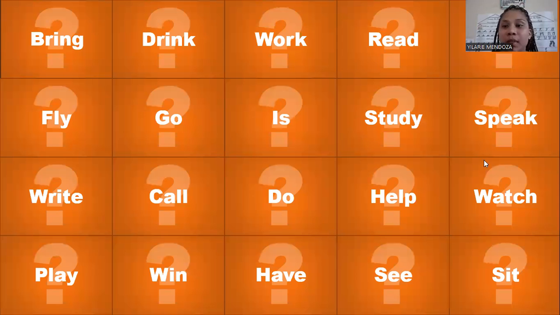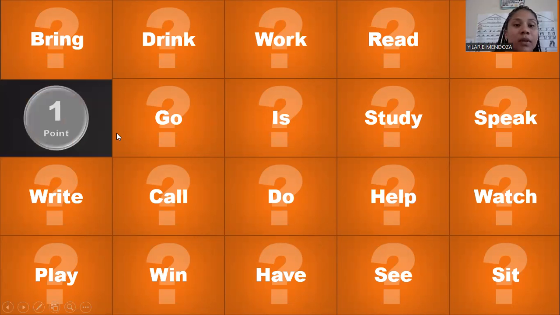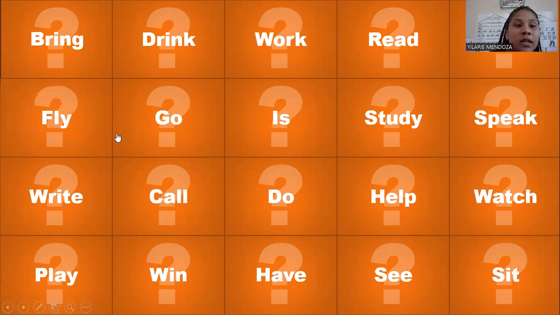This is a small player. In this player, you have regular and irregular verbs. Example, you touch a flight. The letter y changes, adding i-e-d. Okay.